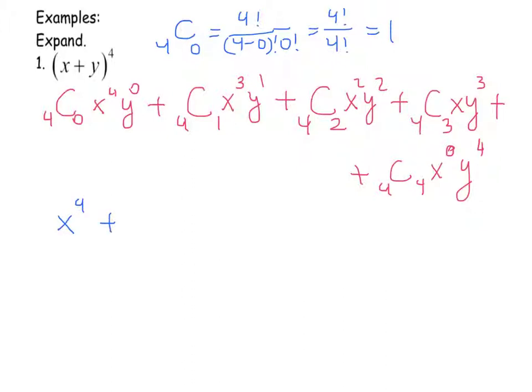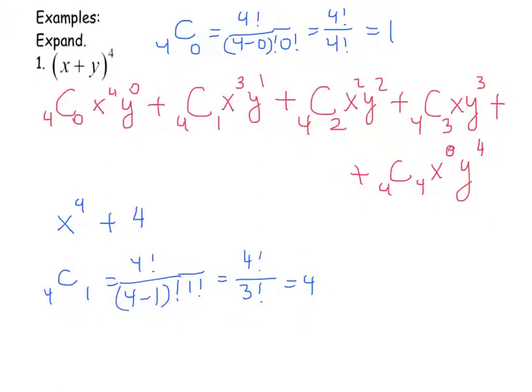Then for the second term, I'm going to evaluate c4, 1. So that's 4 factorial divided by 4 minus 1 factorial times 1 factorial, which will give me 4 factorial over 3 factorial. So this one is going to give me an answer of 4. So this will be 4 times x to the third power, y to the first power.